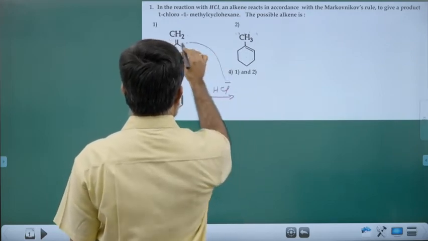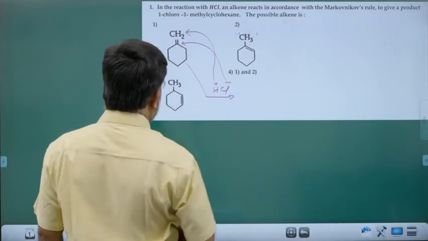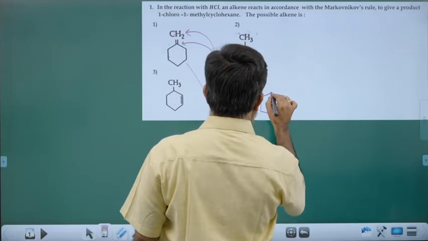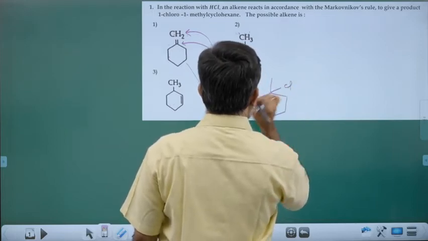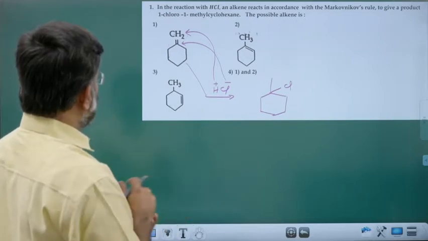Cl minus will come here and H plus will be attached here. That means what you are going to get? You will be getting this one, 1-chloro, 1-methyl cyclohexane. So 1 is the answer.